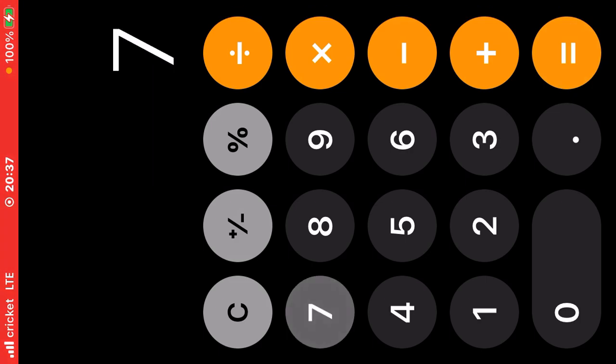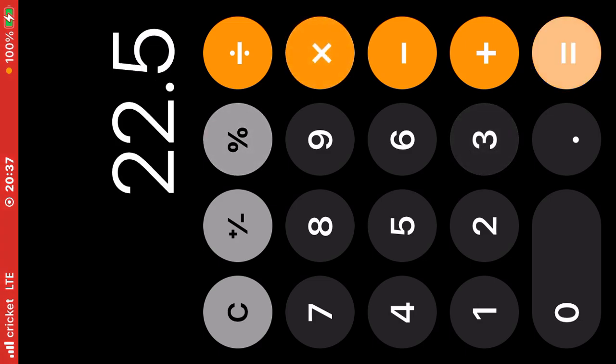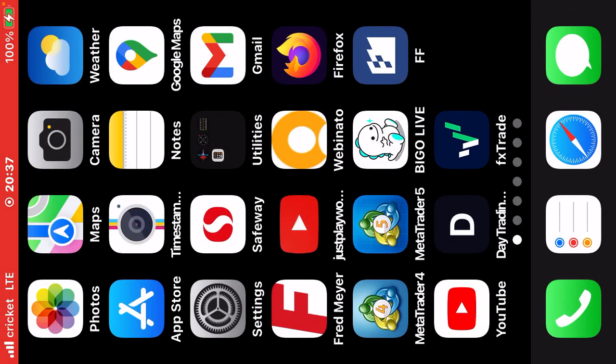So that would be more like a $750,000 account times 3% equals 22.5. So there it is. That would be a $750,000 account, which is almost a $1 million account.